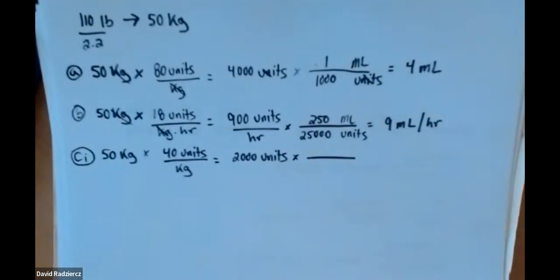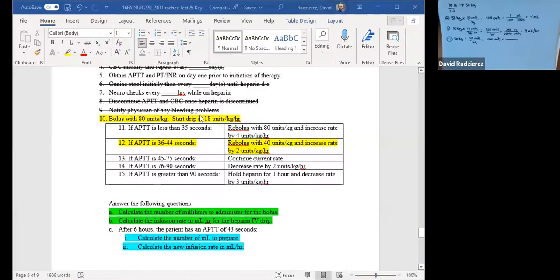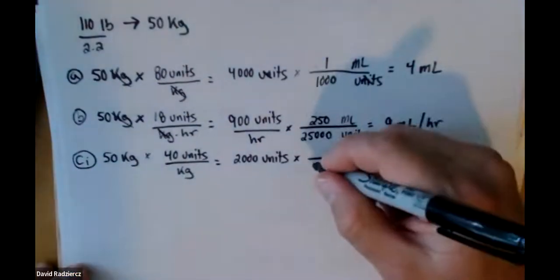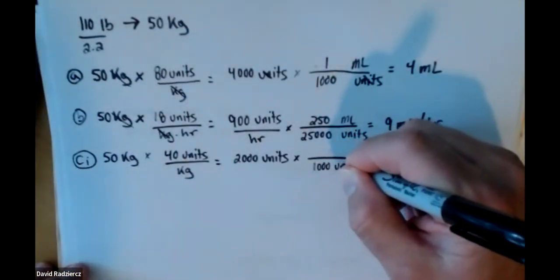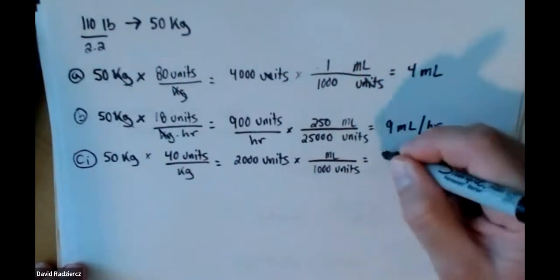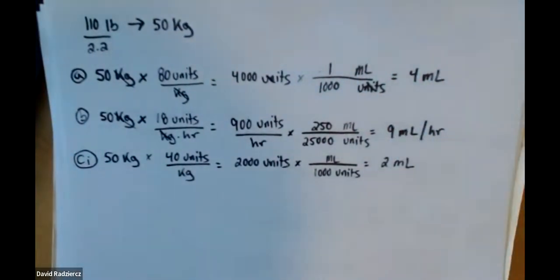And just as a reminder, my bolus dosage strength is listed in step 2 of the protocol. It says bolus dosage strength 1,000 units per milliliter. And I'm going to get 2 milliliters for my rebolus.